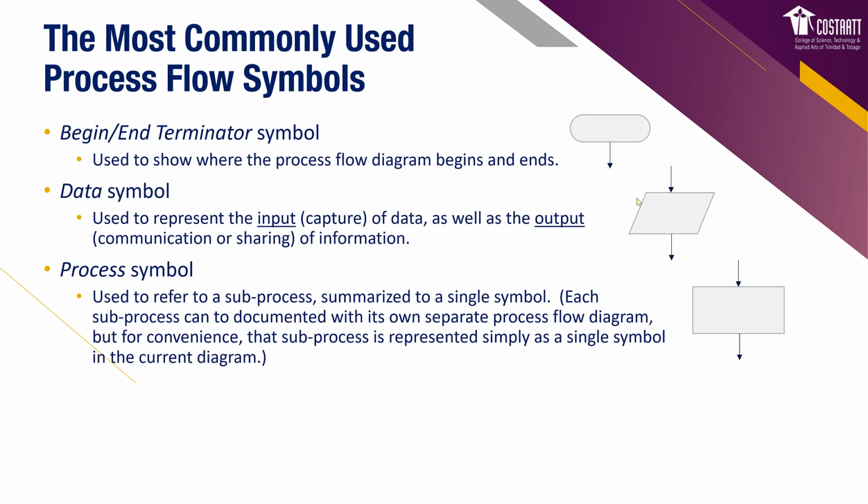Now bearing in mind that your entire drawing is a process, okay? Because we are looking at a process flow diagram. So if your entire drawing with all of these symbols combined is a process, then how could this one symbol also be a whole process?